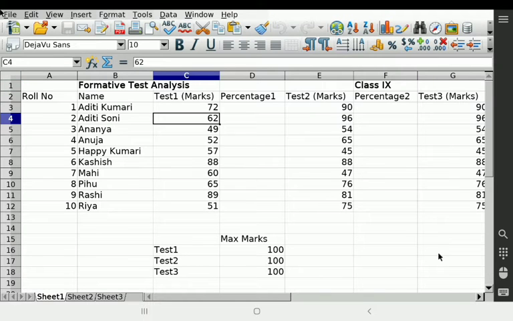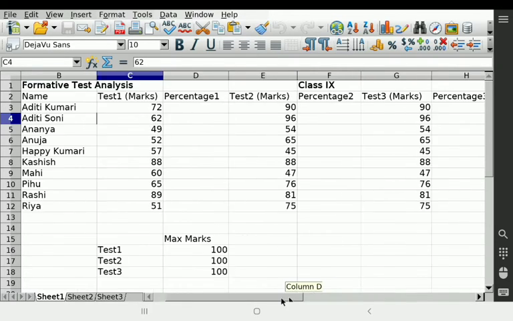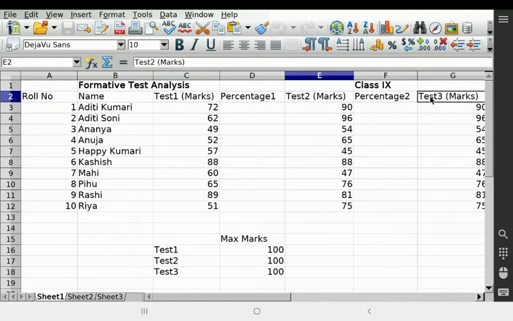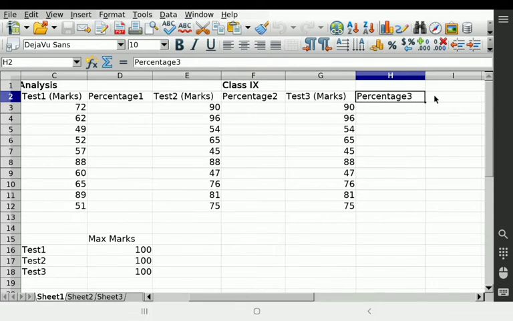So this is the table for mixed referencing. You can see here I have taken the name of 10 students and marks of test 1, test 2 and test 3. You have to calculate percentage of test 1, percentage of test 2 and percentage of test 3.